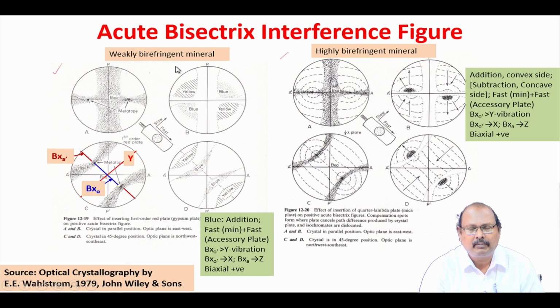In the case of a weakly birefringent mineral, you will not see isochromatic bands or rings, or even if they are there, they will be much smaller in number.